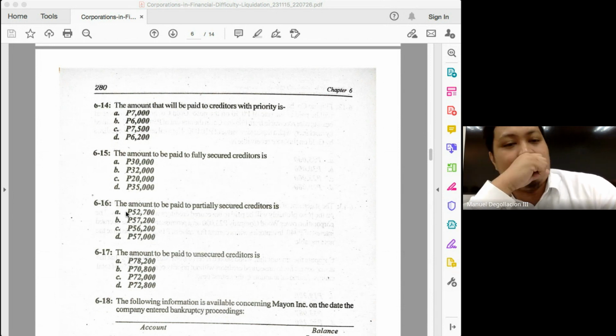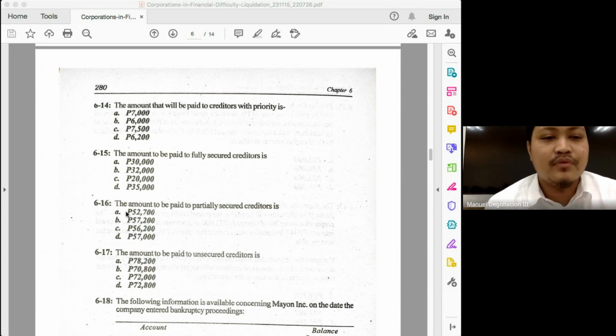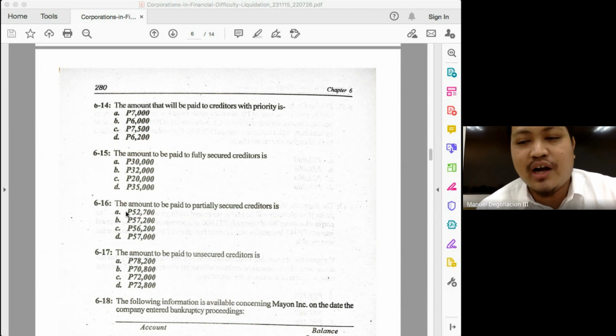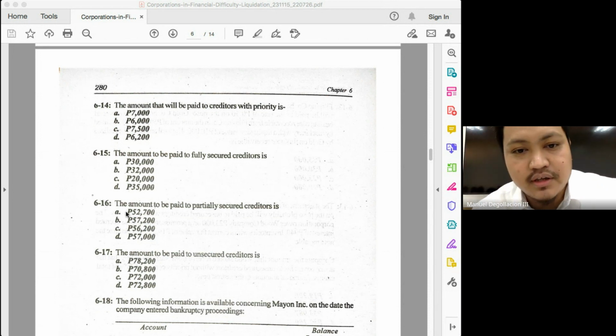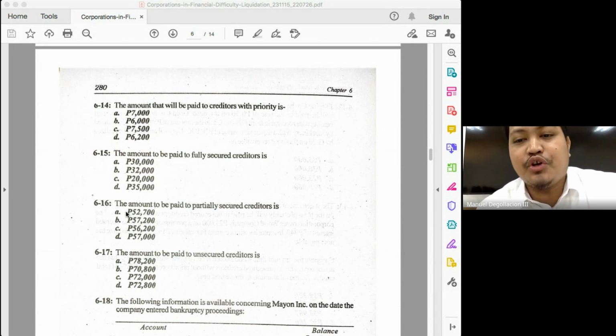Next, 6-16. Before we use the recovery rate, what's the first thing we have to do? Get the unsecured portion. How much was the unsecured portion? 8,000, and it will be the unsecured portion that will be multiplied with the 65%. How much is 65% of 8,000? 5,200. And that's not in the choices because the total amount that will be received by your partially secured liabilities will not just be the recovery on the unsecured portion, but they will also get the value of the security.